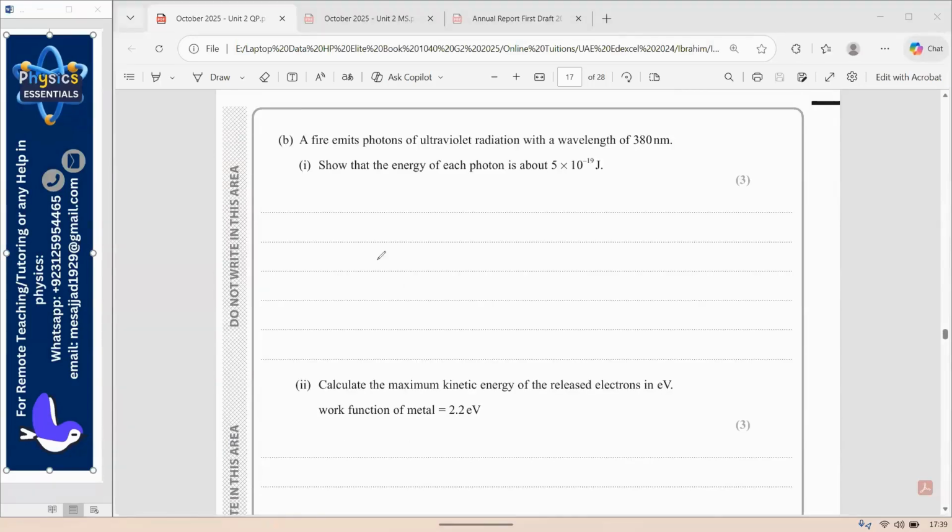A fire emits photons of ultraviolet radiation with a wavelength of 380 nanometers. Show that the energy of each photon is about this. Very easy. E equals hc over lambda. You know that, and all you need to do is put in the values, divided by 380 times 10 raised to the power minus 9.